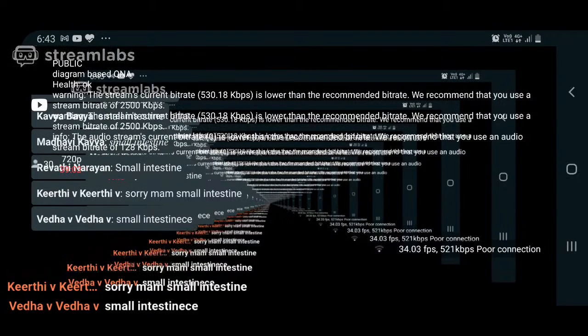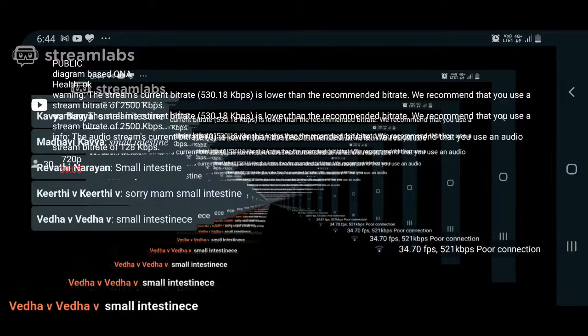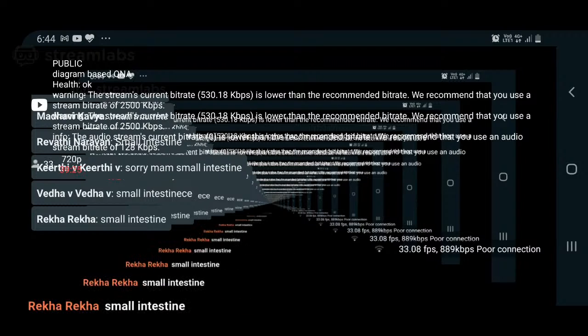It takes time to type, right? But you remember, these two are very important. They may ask in your board exam. Okay, no need to type the answer, it takes time. But definitely questions may arise on the functions of small intestine and large intestine. We'll move on to the next diagram based questions.